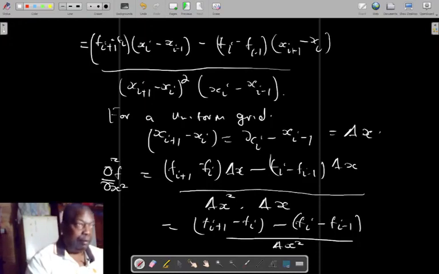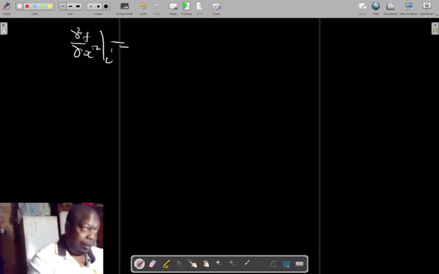And we can remove the brackets, and if you remove the brackets you'll get f(i+1) minus 2f(i) plus f(i-1) over delta x squared.